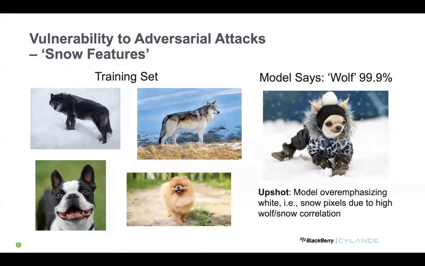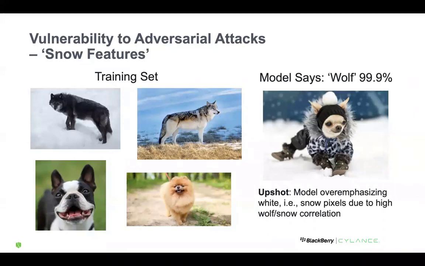Now, what you'll notice, and this is indicative of what happened for the entire corpus, all of the wolf pictures had snow in the background. So these white pixels representing the snow were co-occurring with these images of the wolf, right?